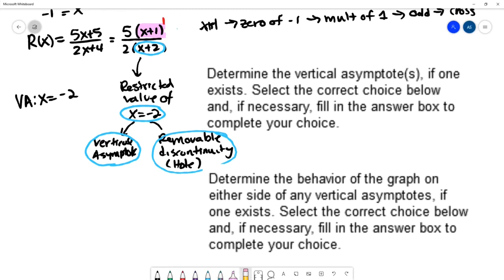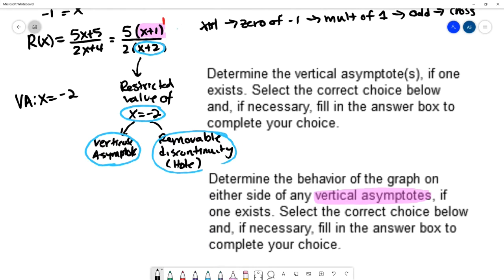So now that we know that we have a vertical asymptote, we want to know what that looks like on the graph. So we want to determine the behavior of the graph on either side of that vertical asymptote. When we're thinking about the behavior of a vertical asymptote, we want to keep in mind the definition of a vertical asymptote.